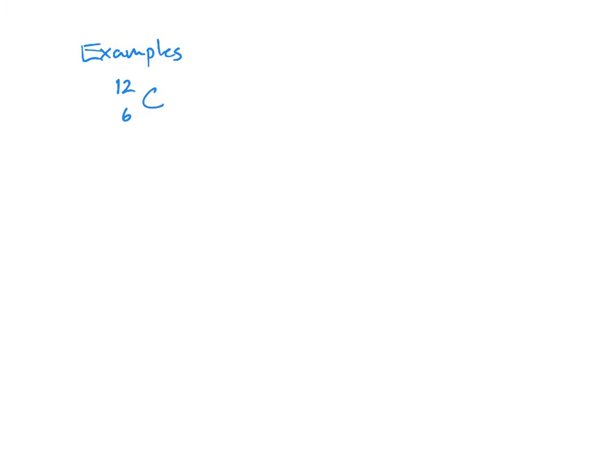If I wrote up 6, 12 and C, that's what we call carbon, or carbon-12 to be more precise. What can I tell from this? I can see that the atomic number is 6.